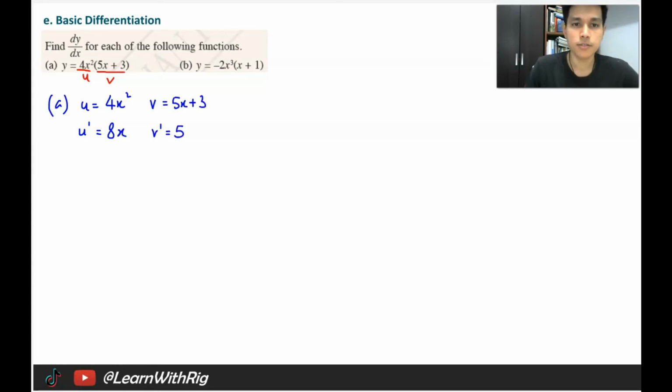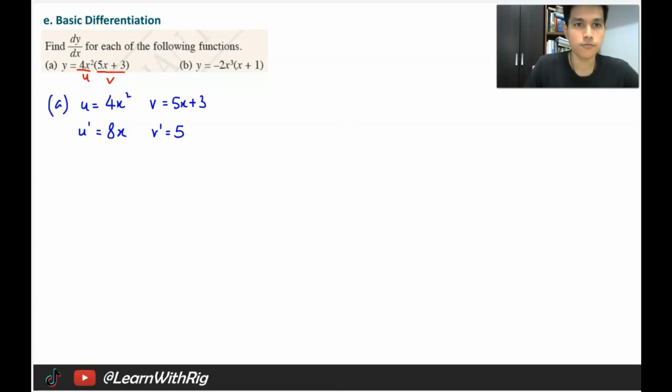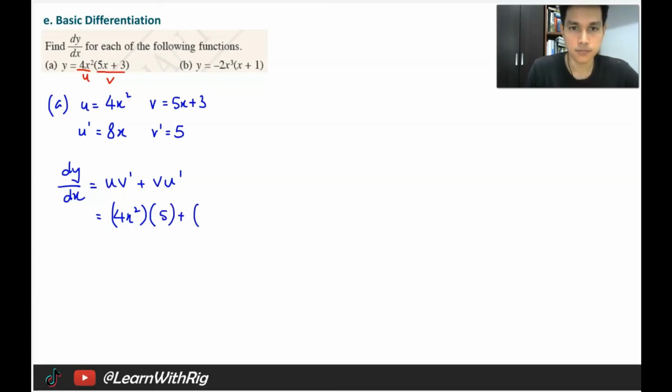What's the formula again? Remember, product rule is uv prime plus vu prime. So you are sort of cross multiplying here. Let me just rewrite so that you all understand. uv prime plus vu prime. So u is 4x squared times v prime is 5, plus v is 5x plus 3 times u prime is 8x.